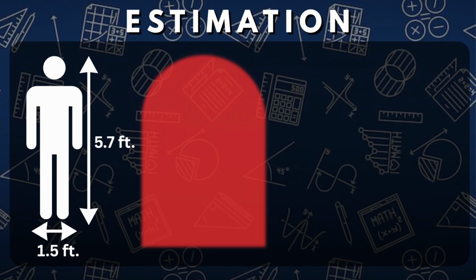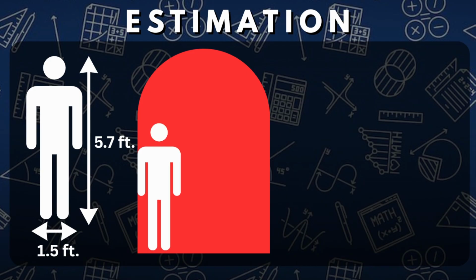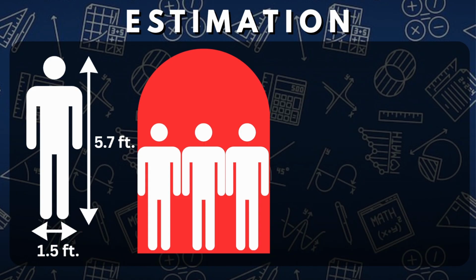With this information, we can justify that the door can house about 3 people entering at the same time while maintaining a balanced height, which is 5.7 feet with an additional space for the head.